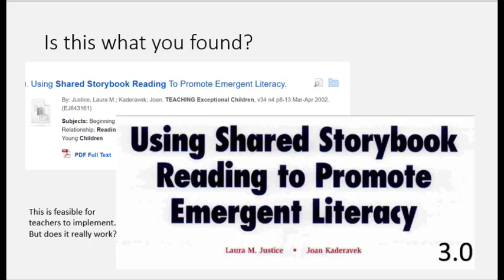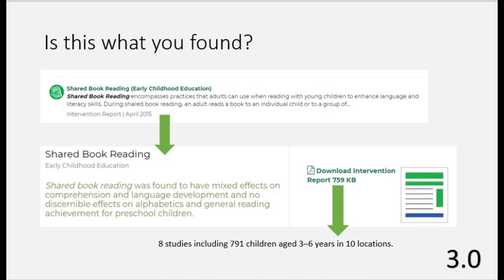Doing a dive in the UW databases, I can find some peer-reviewed research on using shared storybook reading to promote emergent literacy. I can also find an intervention report from the What Works Clearinghouse site.